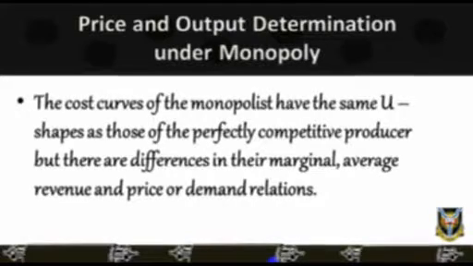Total revenue is the shaded area PBCD. The monopolist has the ability to earn such excess profit for a long time because of the restrictions to entry. It can make abnormal profit.